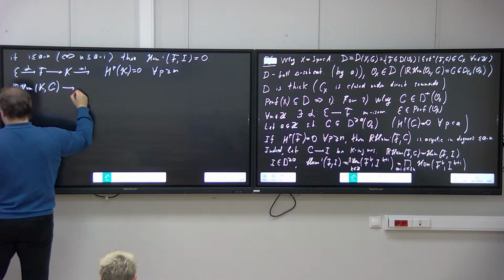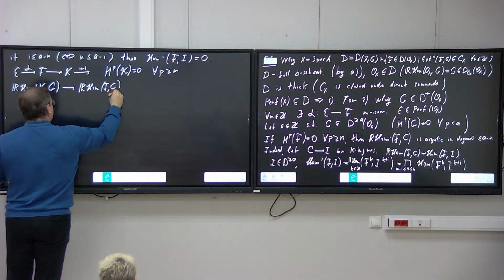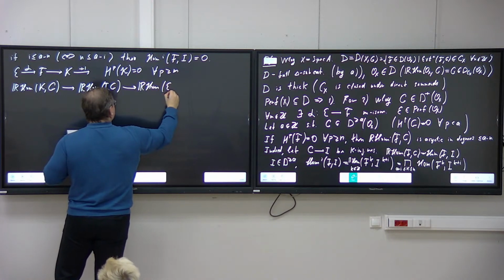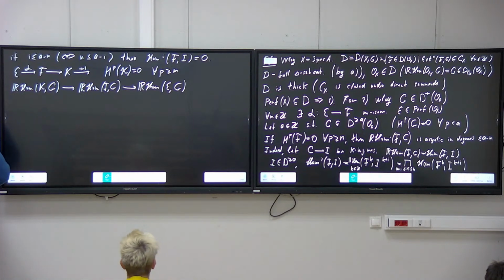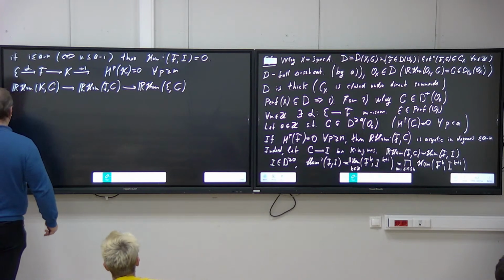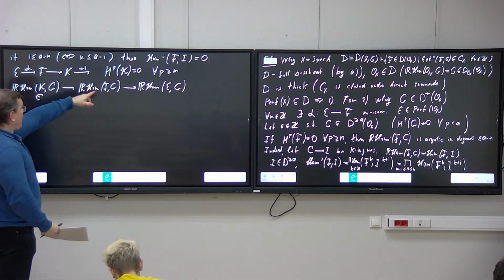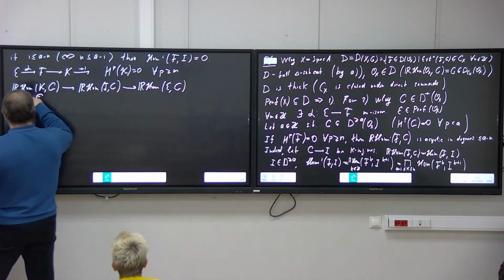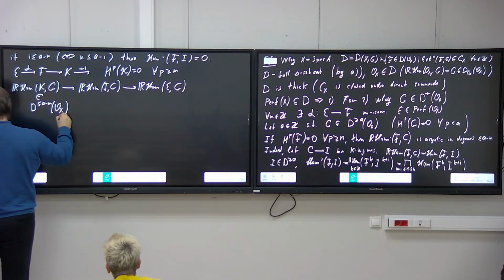RHom between K and J maps to RHom between F and J, which maps to RHom between E and J. So this is part of the long exact sequence. Well, by what we proved before, just changing my m to the index n that I brought here in the proof, I can claim that this term, this RHom, is in D^{≤a−m}(X).